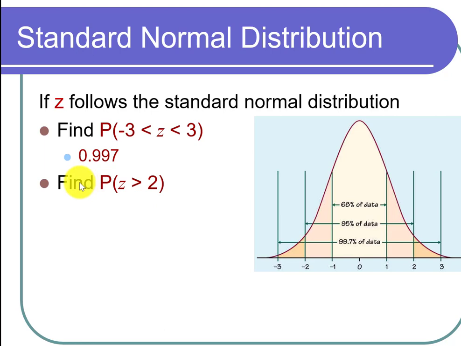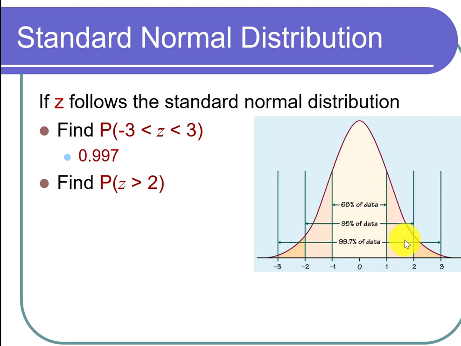For the next question, we want to find the probability that z is greater than 2. That's a little bit harder because we need z to be bigger than 2, which is this little area over here. So to find that little area over there, what we can say is that if we take this area here past 2 and add in the area over here to the left of -2, those two combined will be the complement of what's between -2 and 2.